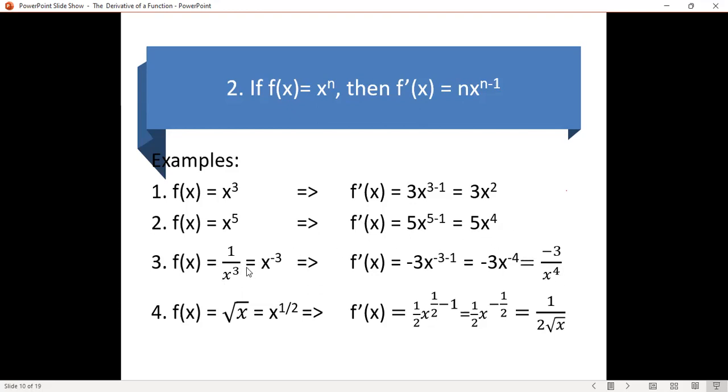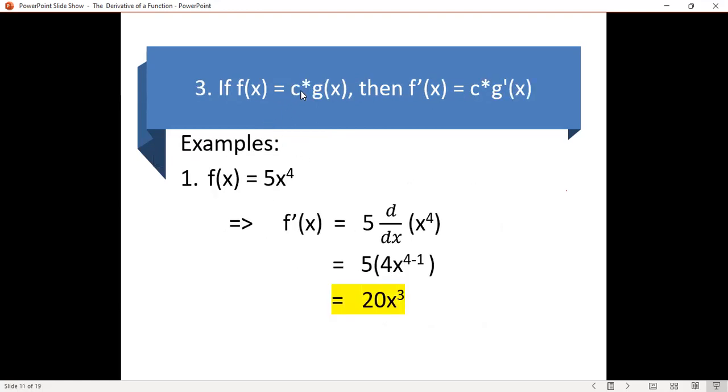And then since 3 is in the denominator, it means that the exponent is minus 3. So the one that will become the multiplier of the original thing that you have here is minus 3. So it's going to be minus 3 over x to the fourth. So that if you have, say, f of x, sorry.